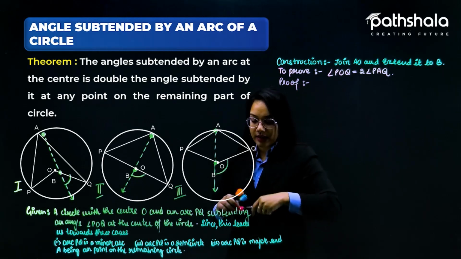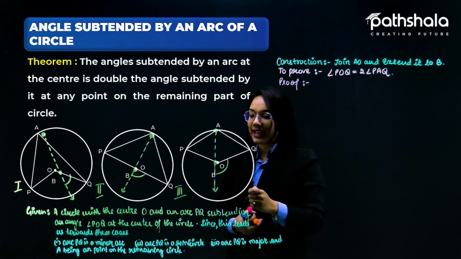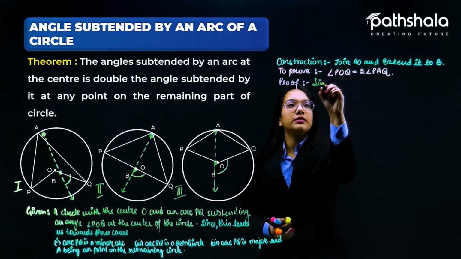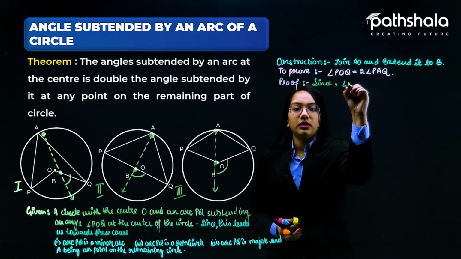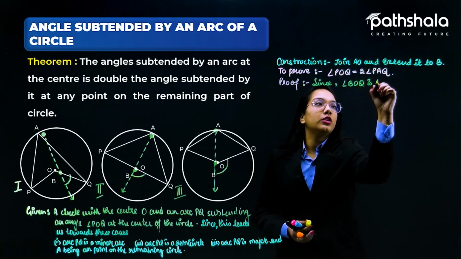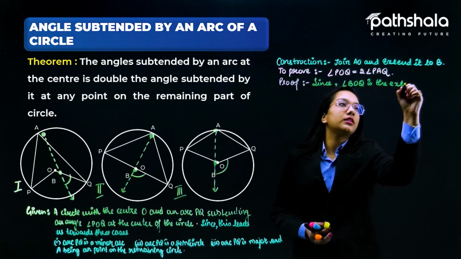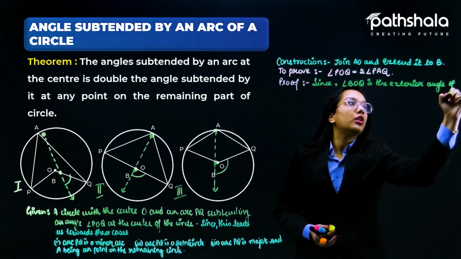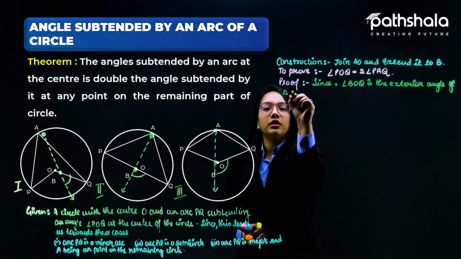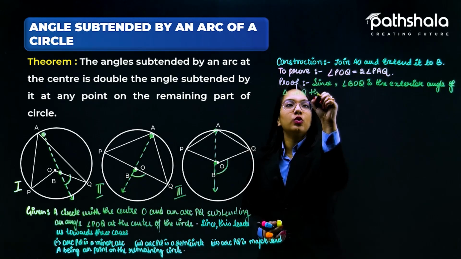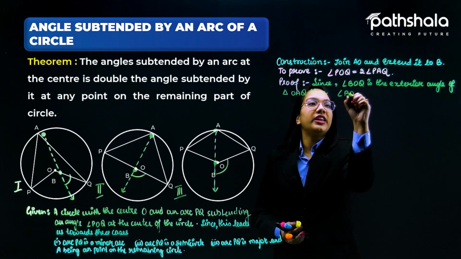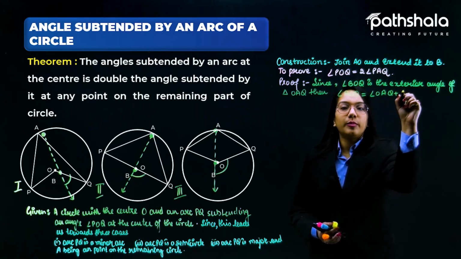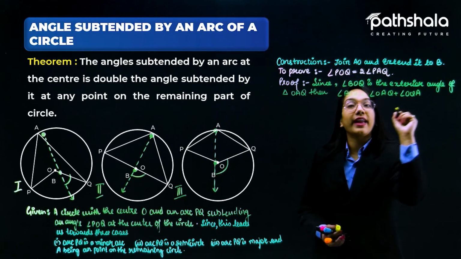So what can we say over here? We can say that since angle BOQ is the exterior angle of the triangle OAQ, then angle BOQ is equal to the angle OAQ plus the angle OQA. Why so?